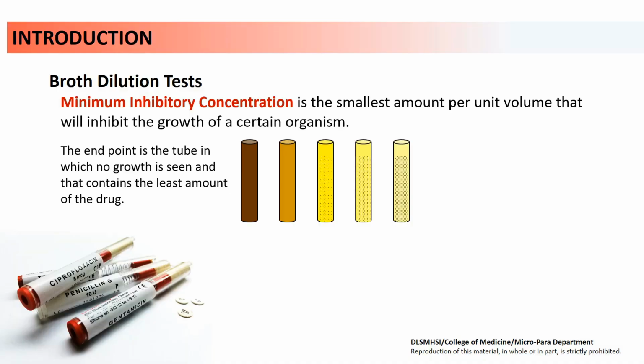So in this illustration, we can see that there is growth in the third, fourth, and fifth tubes, but the first and second tubes have no growth. So MIC refers to the tube that contains the least amount of the drug. Therefore, it is the second tube. So the concentration here is our minimum inhibitory concentration.